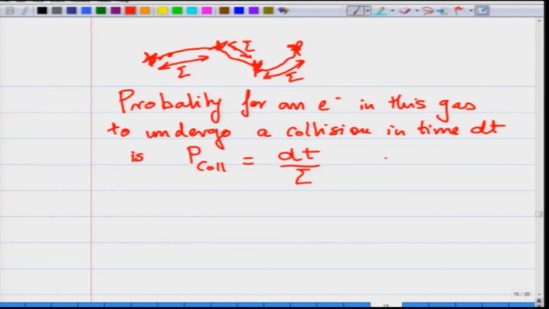And this is for dt less than or equal to tau. Typically the time scales of tau are 10 raised to minus 14 seconds.